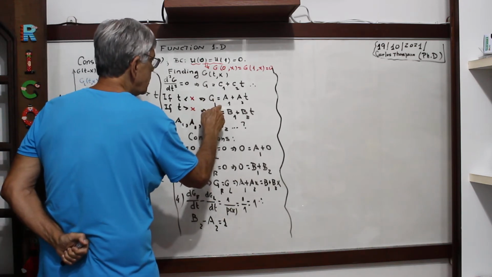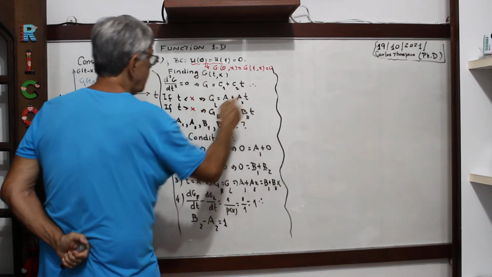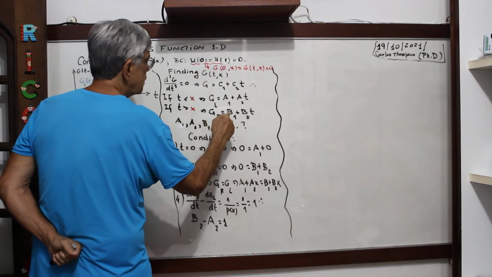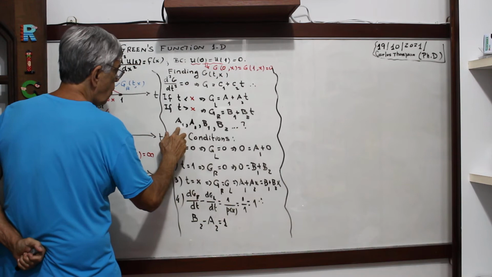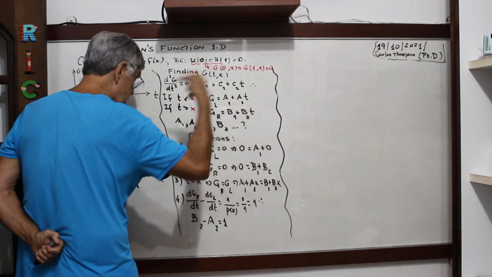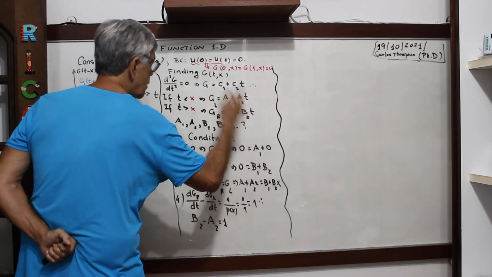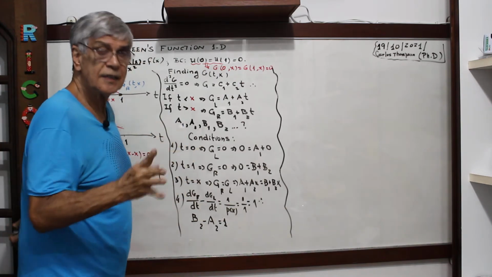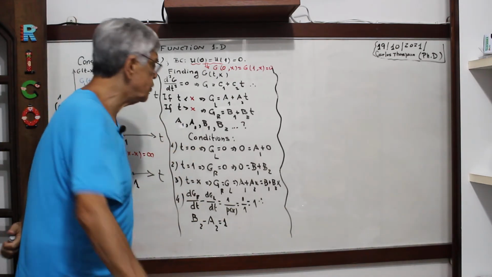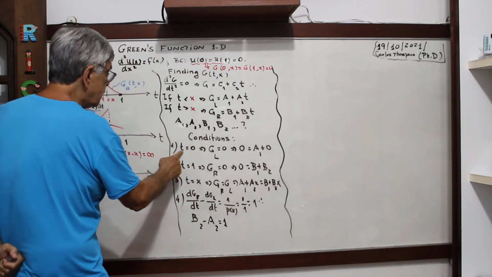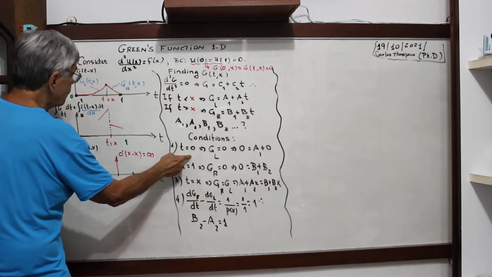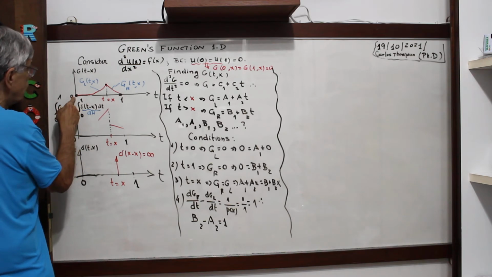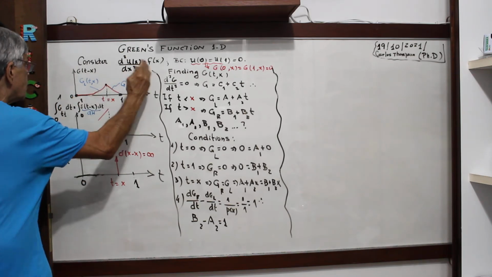GL is A1 plus A2 t. G right is B1 plus B2 t. So these coefficients, which are functions of x, we don't know. But as I said before, we have 4 conditions. The first one, t equal 0. I have to look at the left over here, forget the right.